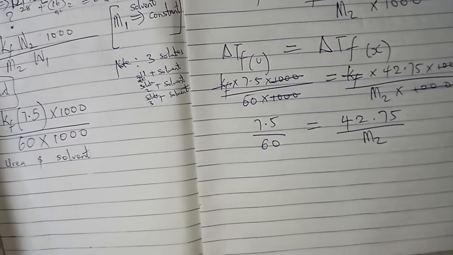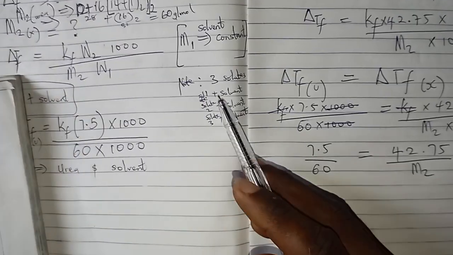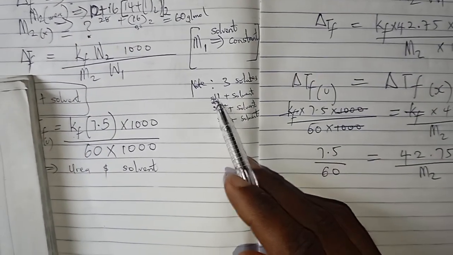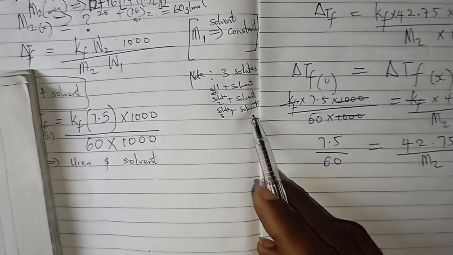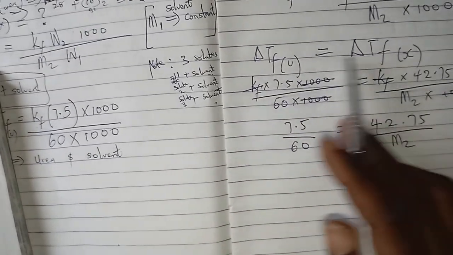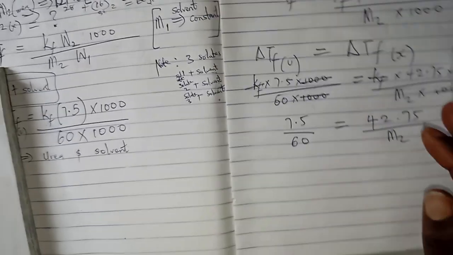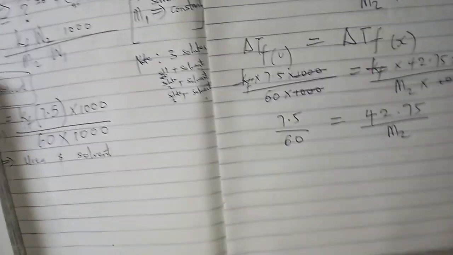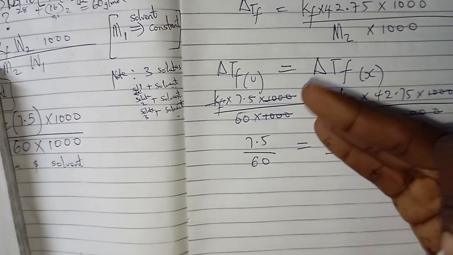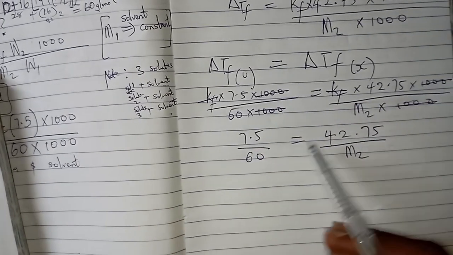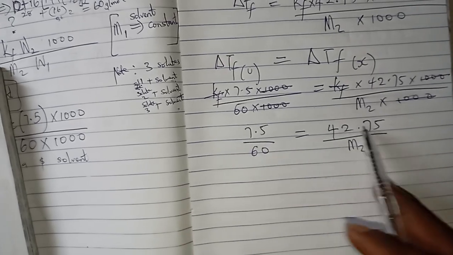If they give you more than one solute, even 3 solutes, you use the formula to solve for solute and solvent, solute and solvent, solute and solvent. If they said it happened at the same freezing point, it will always be the same, because for it to freeze, the two things inside have to freeze together. So at the end, you equate it.